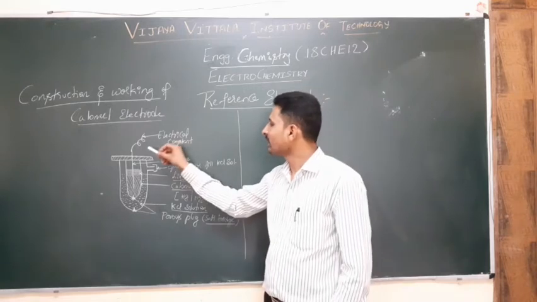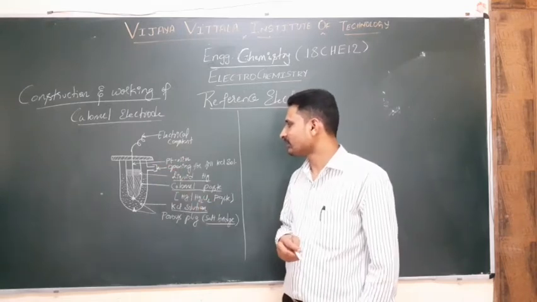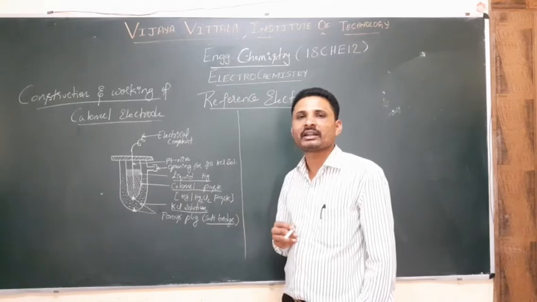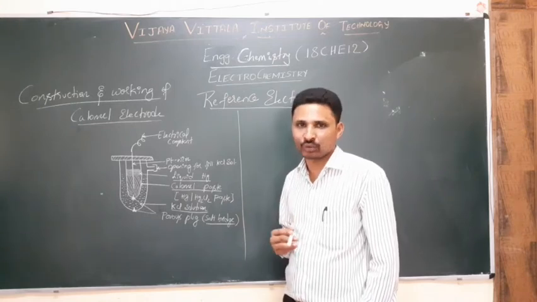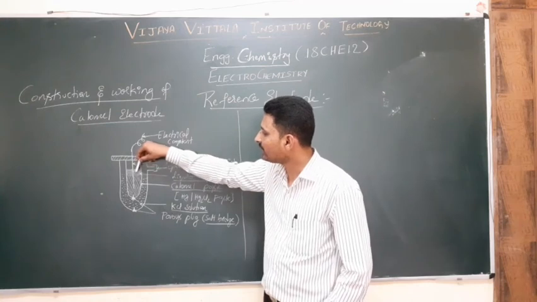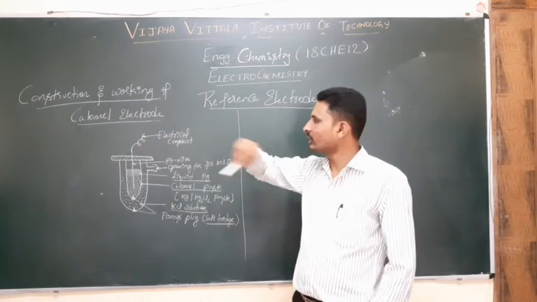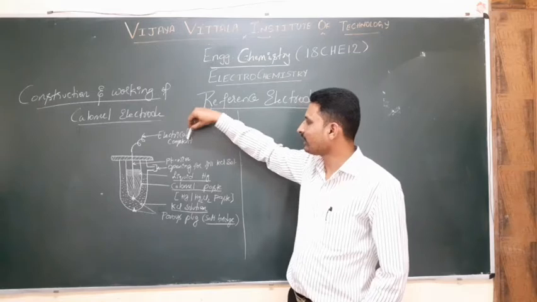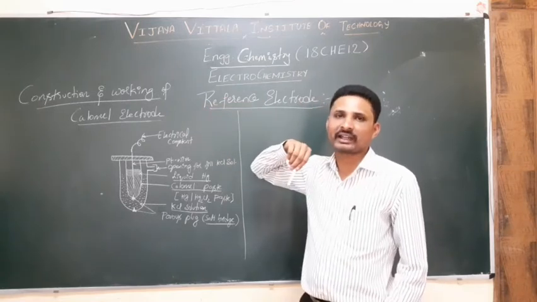There is a platinum wire, which measures the potential of the electrode, dipped into the liquid mercury. This gives an electrical contact.